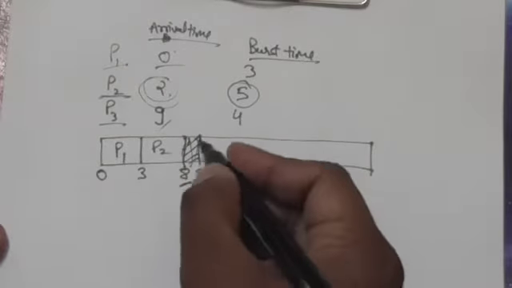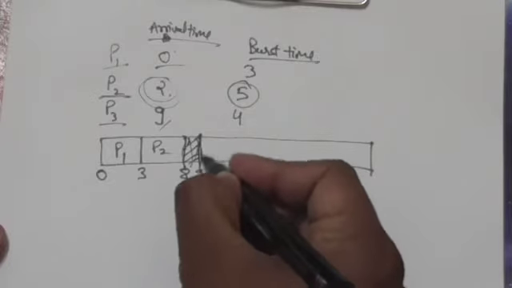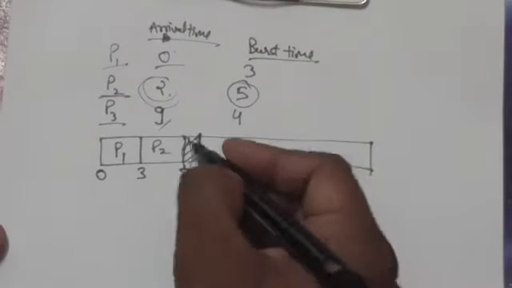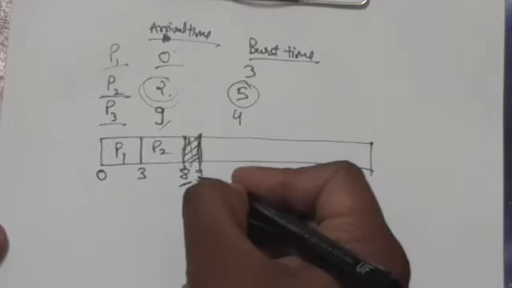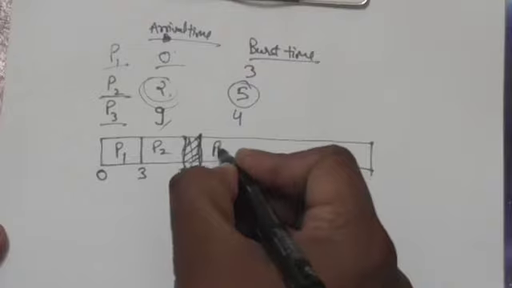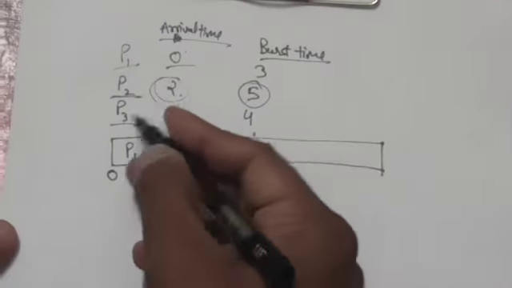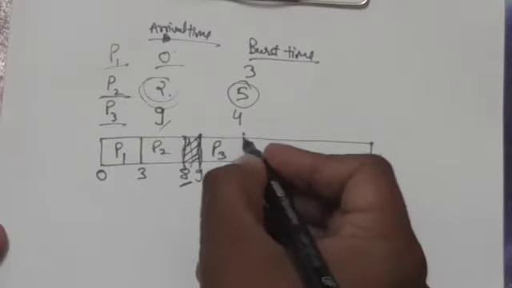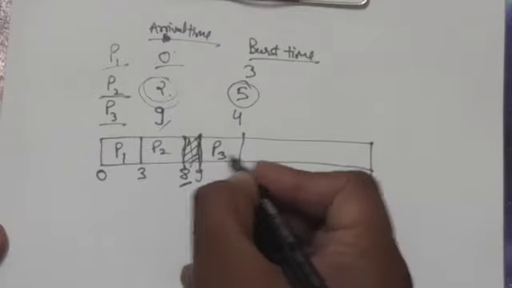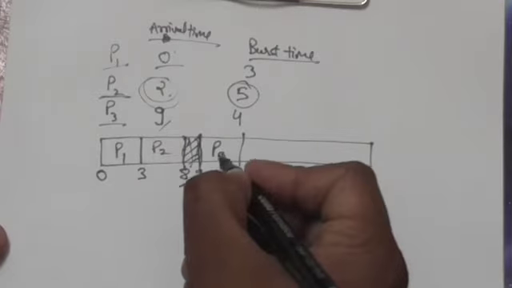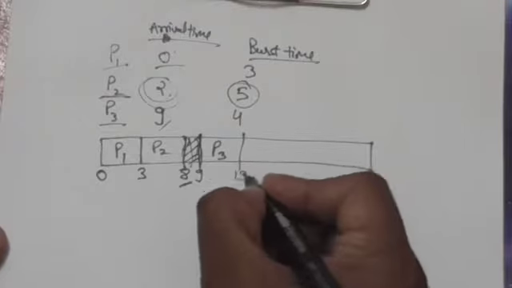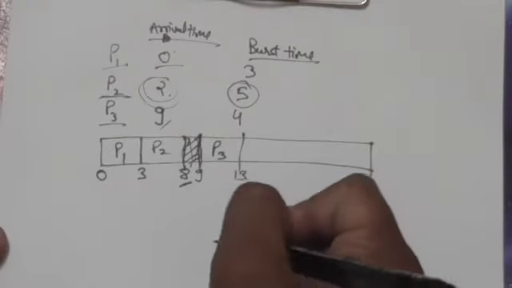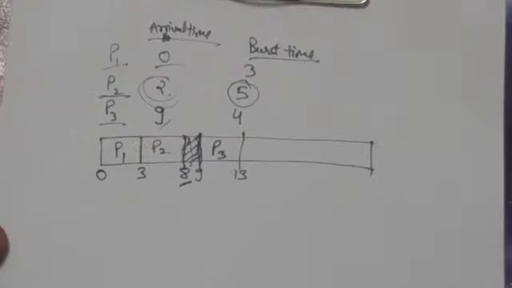And at time 9, when process P3 arrives, the CPU is allocated to process P3. The burst time of process P3 is 4, so it will keep the CPU for 4 units of time. At time 13, process P3 will release the CPU.